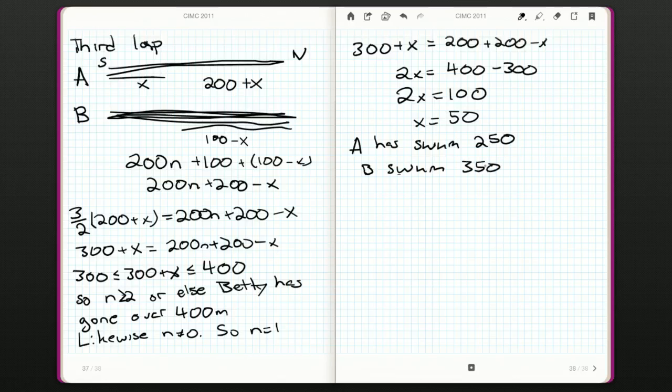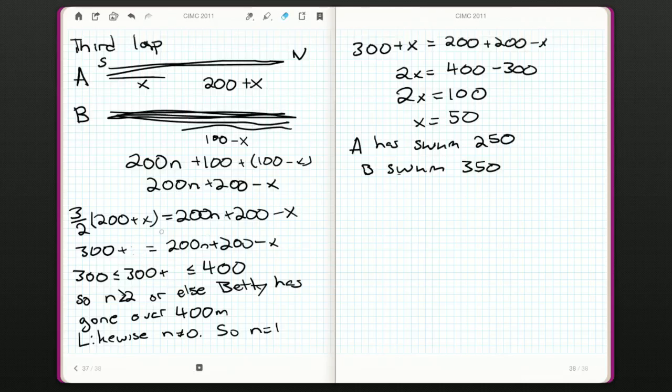So 250 divided by 2 multiplied by 3 is 375. Something has gone wrong here. Let me try and see if I can find out where that is. Oh, there it is. This should be a 3/2. I don't know what it is today.